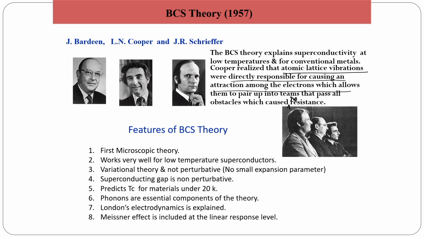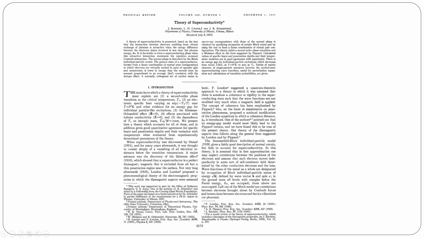Just like for magnets, we have solved paramagnets and diamagnets using perturbation theory, but here it is not possible. It predicts Tc typically under 20 Kelvin or around 20 Kelvin at most. Phonons are important, as we have said. It explains London's electrodynamics, the Meissner effect, etc. Everything is explained using this BCS theory.